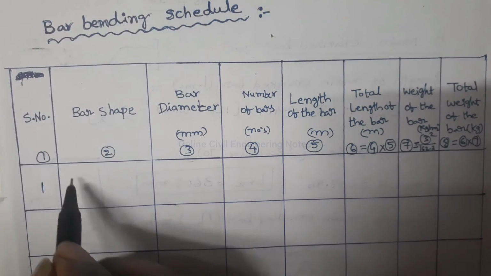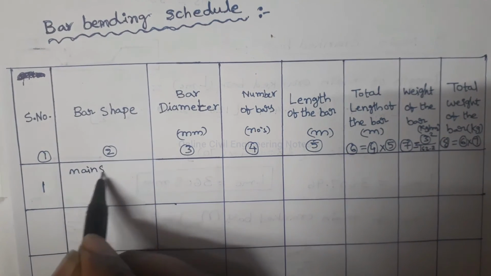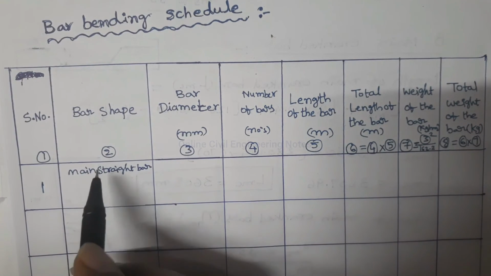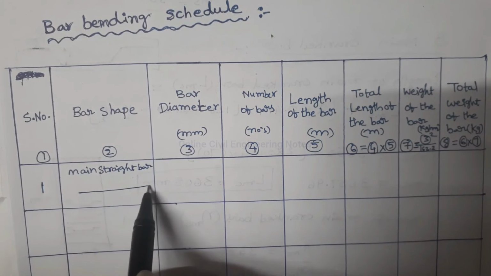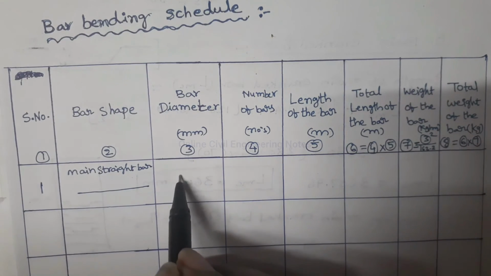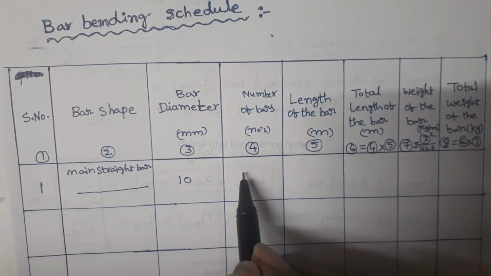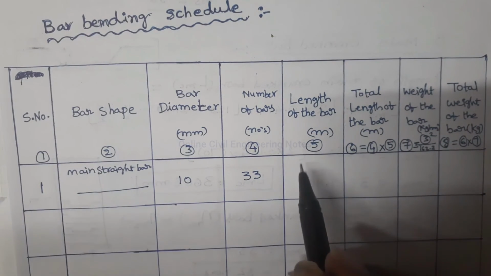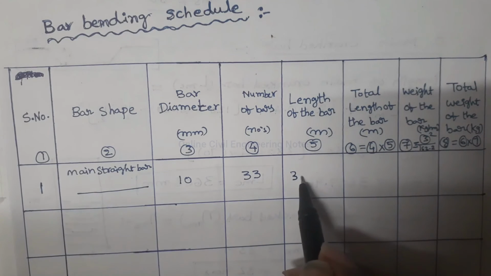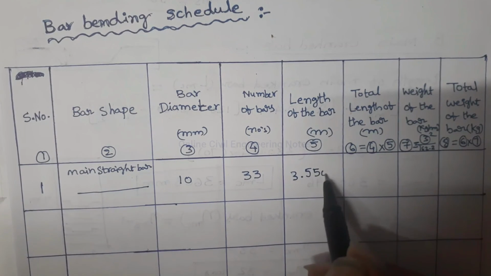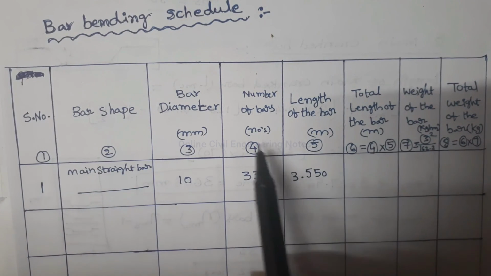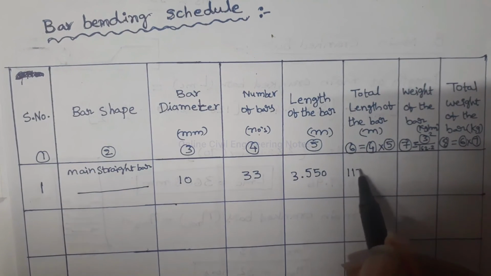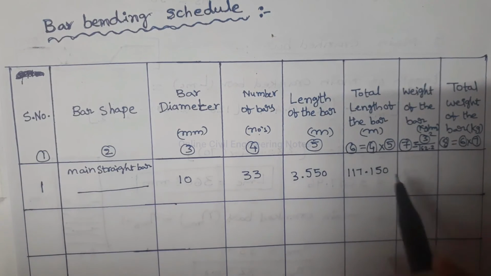First one is main straight bar. Shape of the main straight bar is straight and diameter of this bar is 10 mm. Total 33 number of bars are required, and total length of the bar is 3.550 meters. Total length is equal to number of bars into length of the bar, 117.150 meters.